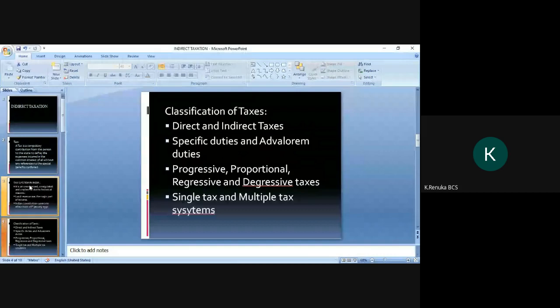This system satisfies most of the canons of taxation, such as elasticity, diversity, flexibility, and equity. Based on the priority of the payers, the tax has been fixed. It has diversity, as it has multiple rates.